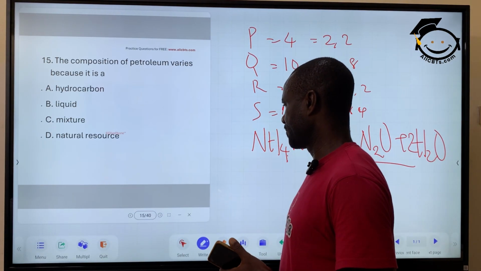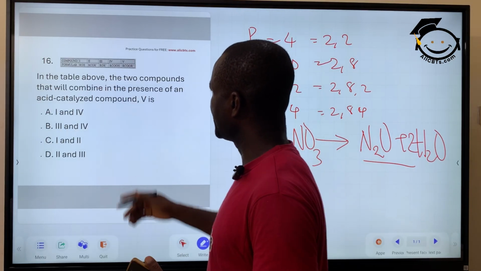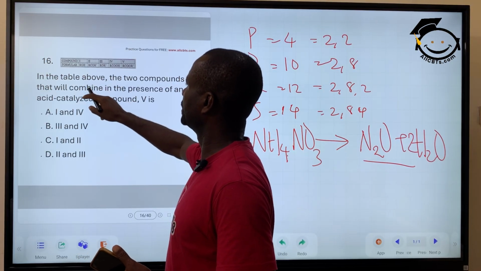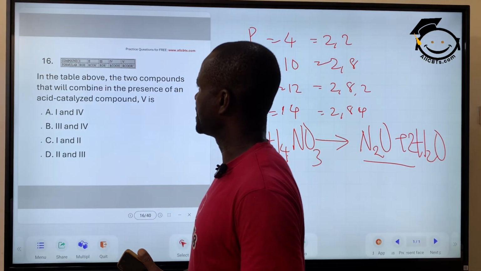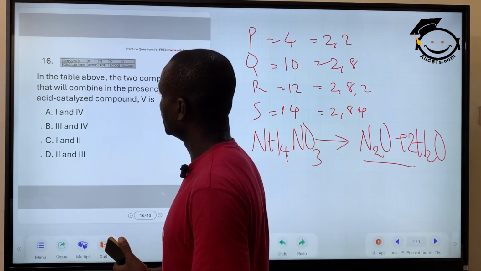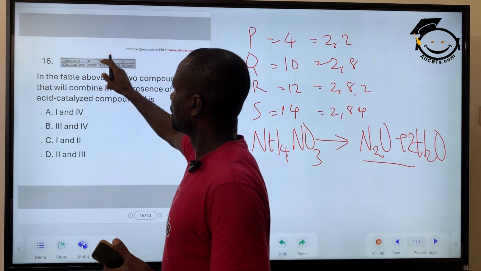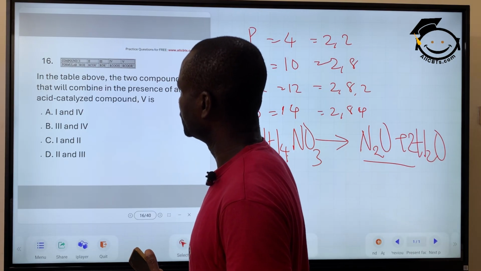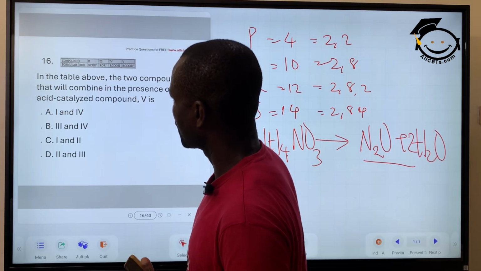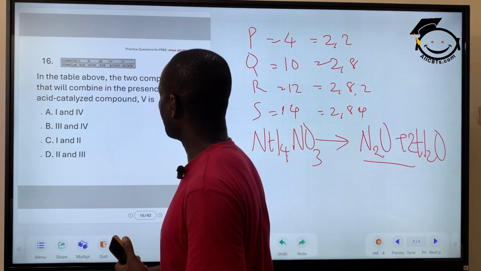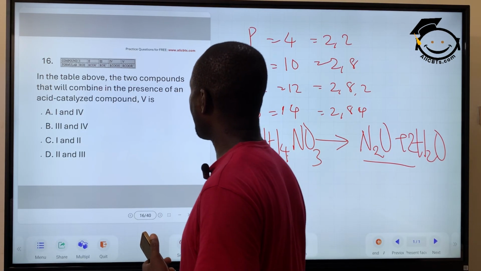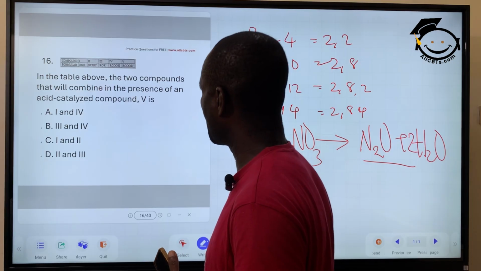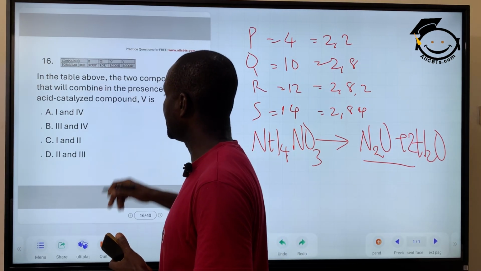Number 16. In the table above, compound 1 and their formulas respectively. Compound 1 is ROH, which is an alcohol. Compound 2 is an ether. Then compound 3, compound 4, compound 5. In the table above, which two compounds will combine in the presence of an acid catalyst?